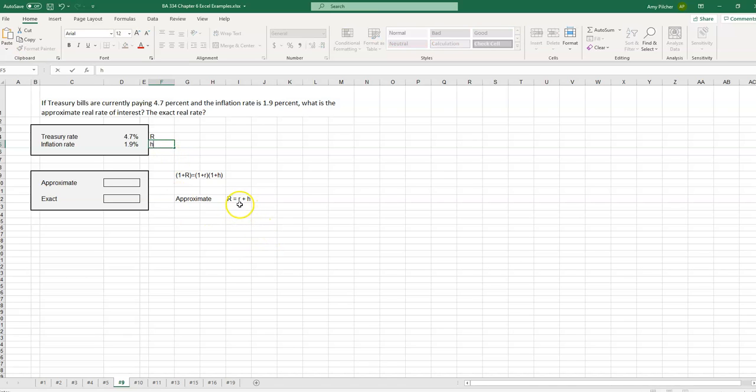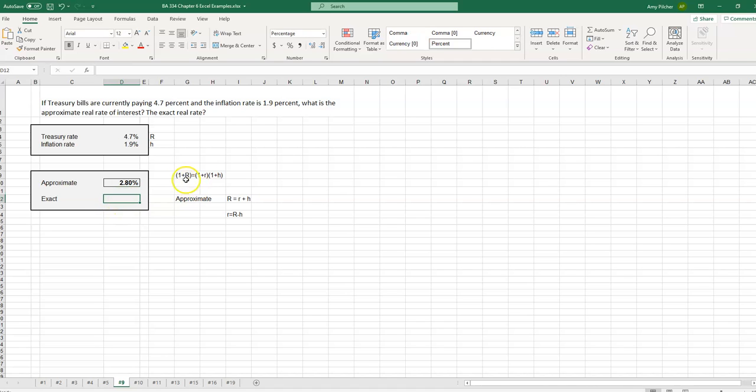So if we're trying to solve for the real rate of interest, then for the approximate, we need to rearrange our equation. By subtracting h from both sides of the equation, we get an equation that is r equals capital R minus h, or that the approximate real rate equals the treasury rate minus the inflation rate.